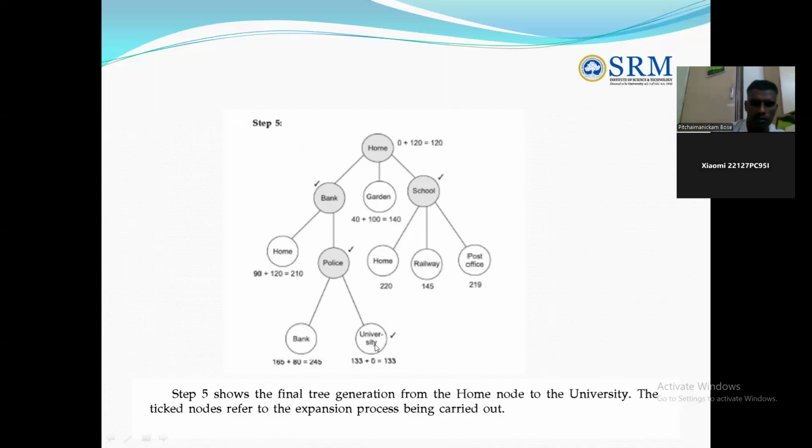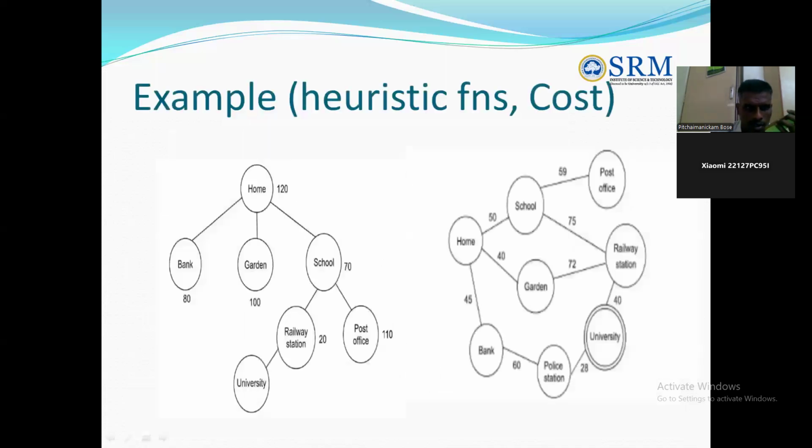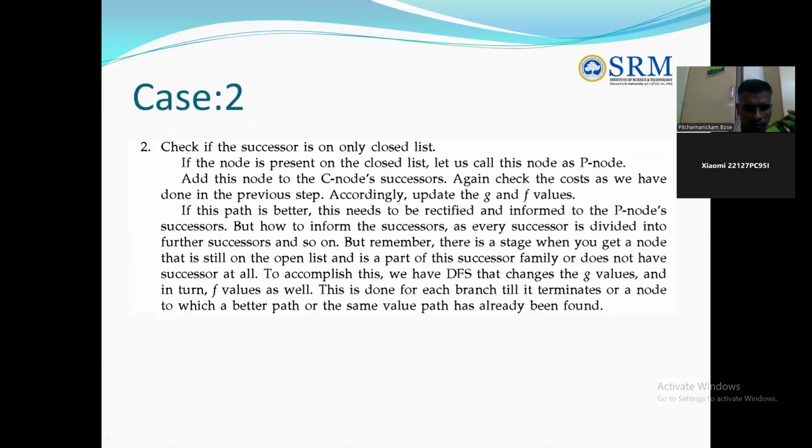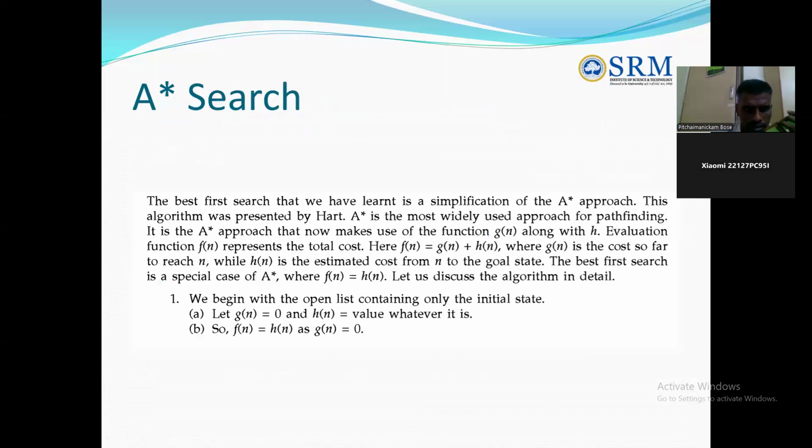So this is the way we are going to carry out the process. In this methodology, we give importance to the heuristic function. The heuristic function plays the major role here. You can note it down.